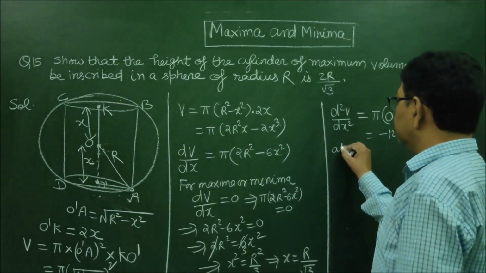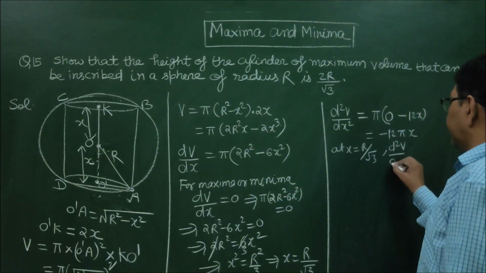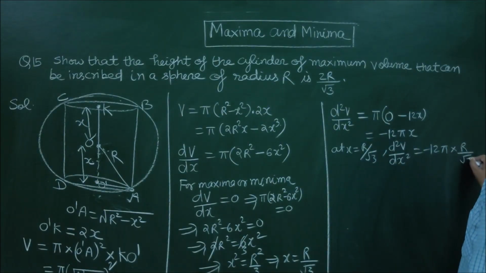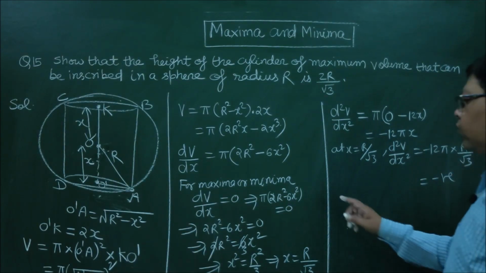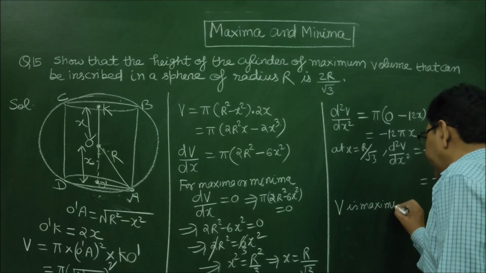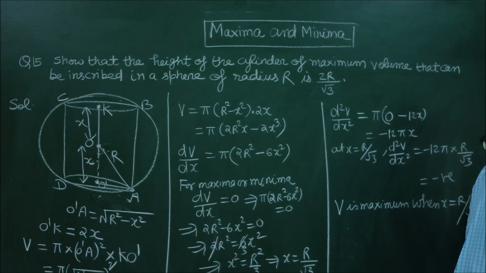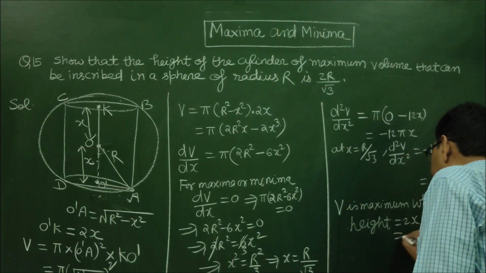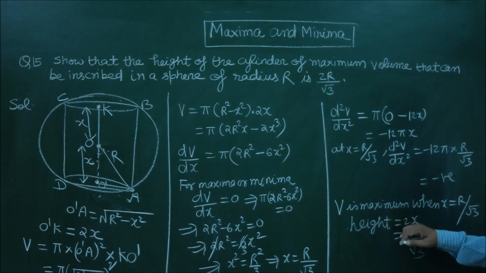So at x is equal to r upon root 3, the value of d square V over dx square is equal to minus 12 pi into r upon root 3, which is a negative quantity. So the volume is maximum when x is equal to r upon root 3, but the height of the cylinder is equal to 2x. So the height of the cylinder is equal to 2r upon root 3. With this, the solution is complete.